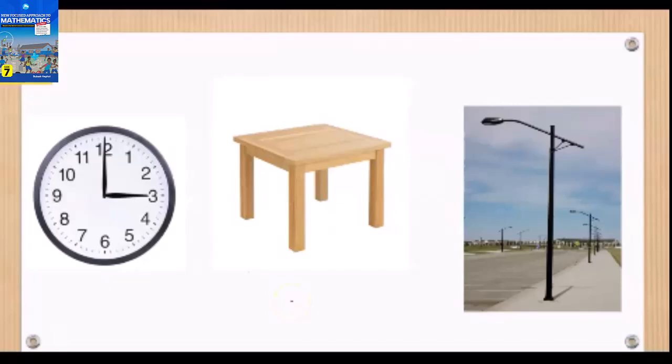Examples of right angle: we can see when a clock is exactly, let's say, 3 o'clock, we can get right angle, right? Beautiful. If you have a table, between the top part and the stand, we still see an angle of 90 degrees, which is right angle. Now look at this electric pole.